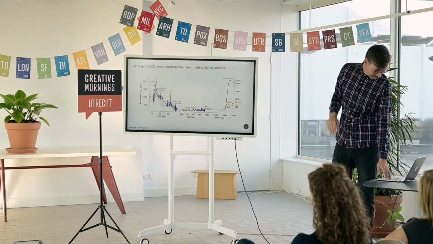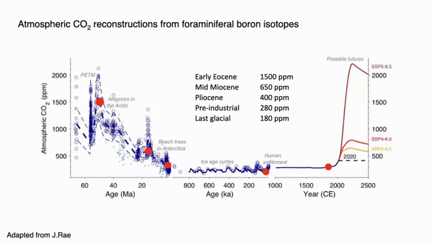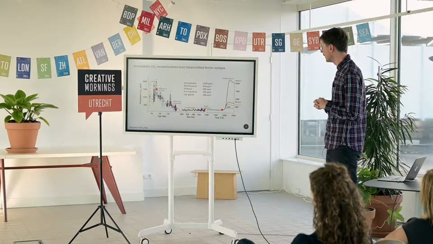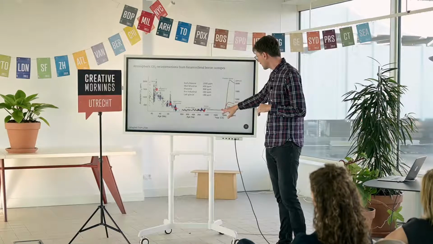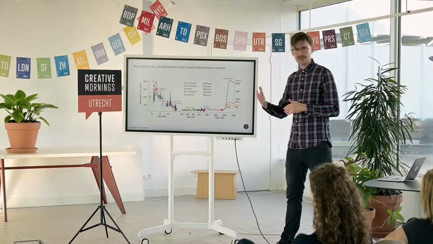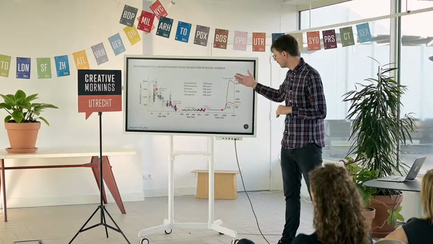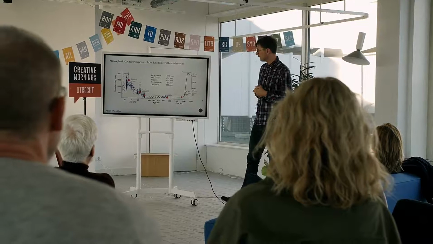So we can take now some of these anchor points and look at the temperatures, right, back in the past, to get an idea of how much warming we actually eventually get under these concentrations. So we have pre-industrial 280, that's our 0 point. We have the last glacial that I showed before, 180 ppm concentration.